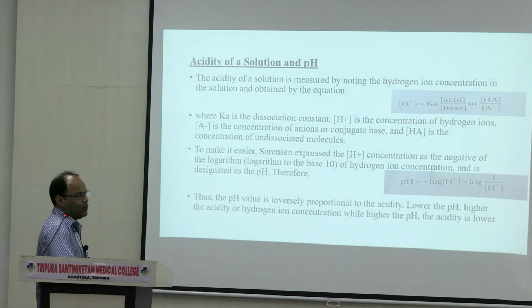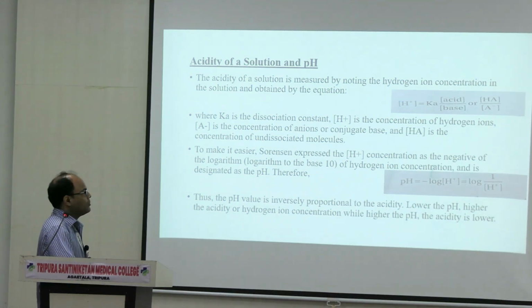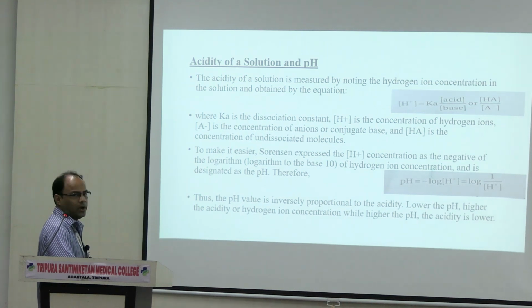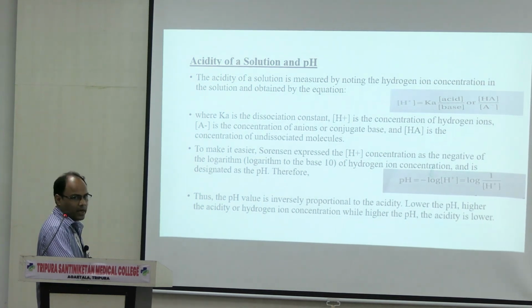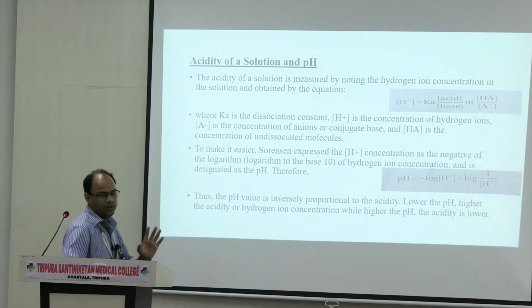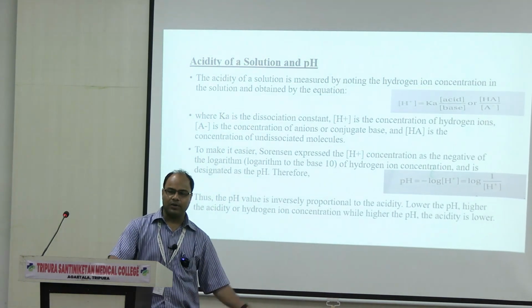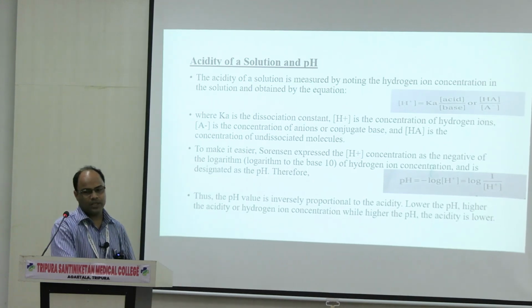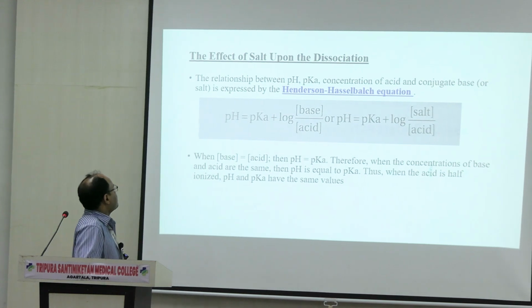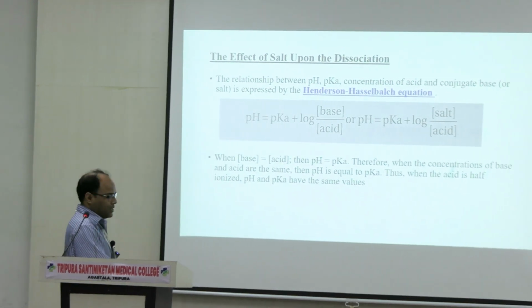Lower value means higher acidity. Lower means higher acidity, higher means lower acidity or towards alkalinity. Okay, so this is a very basic thing. All have to be familiar with it from class 12 or HS. This is very important.